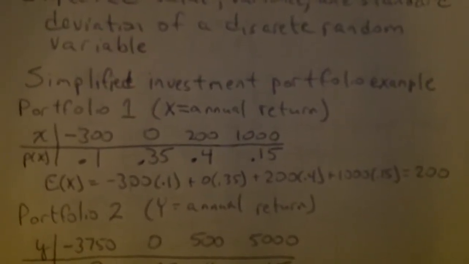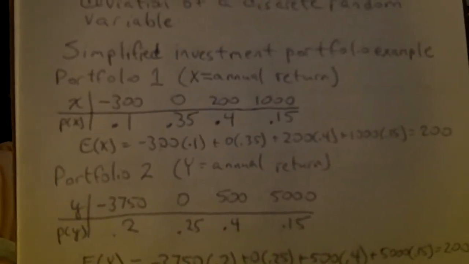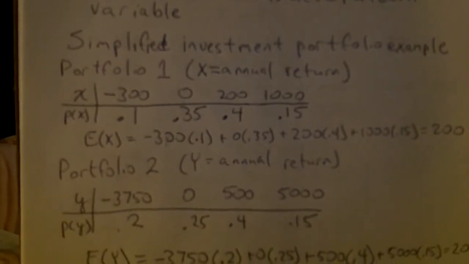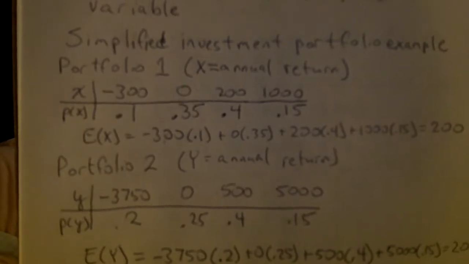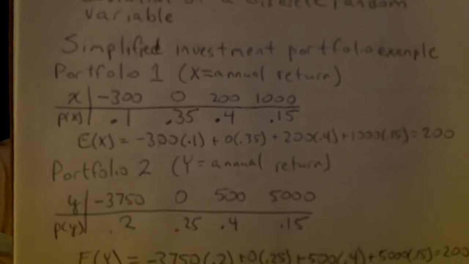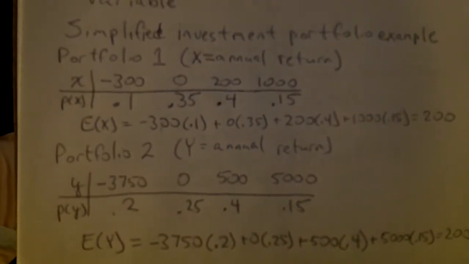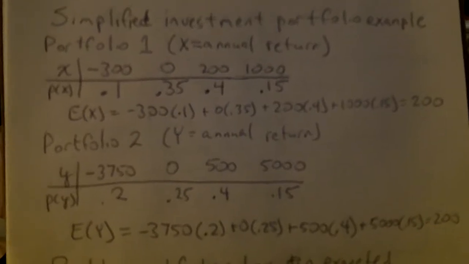So X is portfolio 1, Y is portfolio 2, and you can see the different values in terms of the annual returns. For X, it's negative 300, 0, 200, and 1,000 with its corresponding probabilities, and for portfolio 2, it's negative 3750, 0, 500, and 5,000.